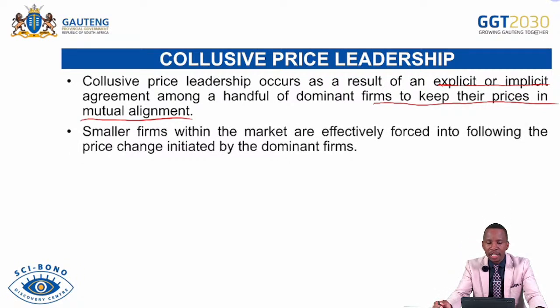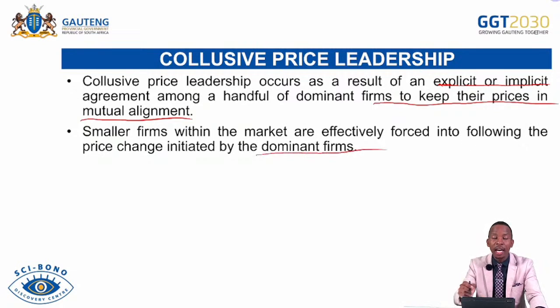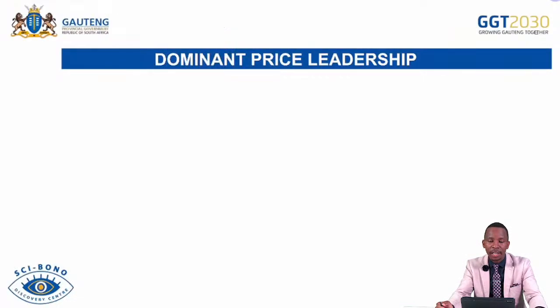Smaller firms within the market are effectively forced to follow price changes that have been determined by the dominant firms. So in this kind of collusion, smaller firms do not have much say. They are always forced or pushed to follow prices determined by those large or dominant firms within the industry under collusive price leadership.